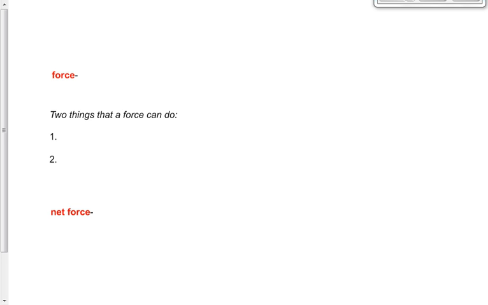It's a simple 4-word definition. Push or pull. I guess that's 5 words. Having a little trouble counting this morning. Okay, it's a 5-word definition. It's a push or a pull. You guys all knew that, right? Okay, we'll make it 4 words, yes. It's a push or a pull.